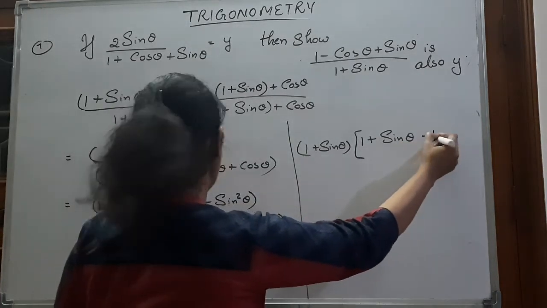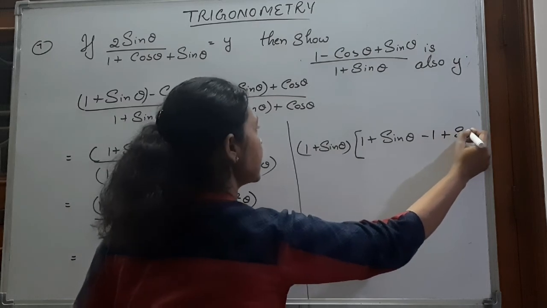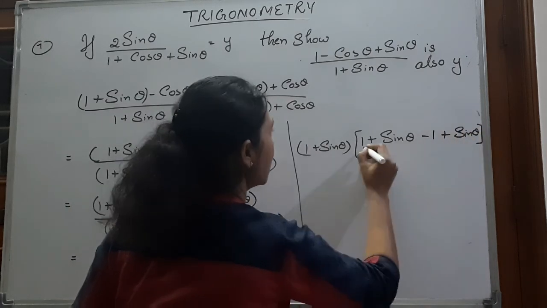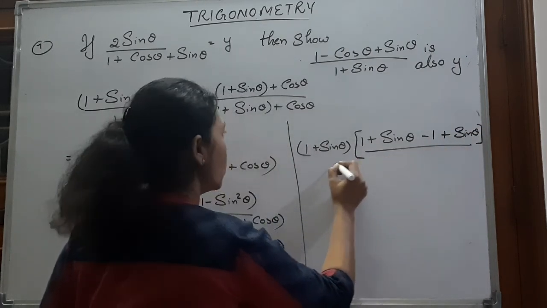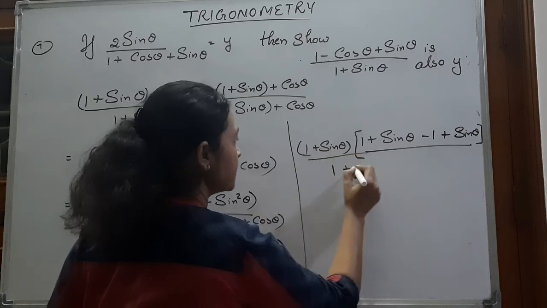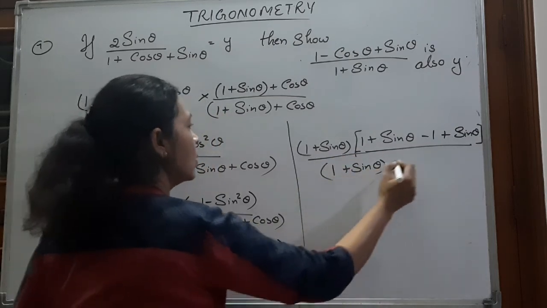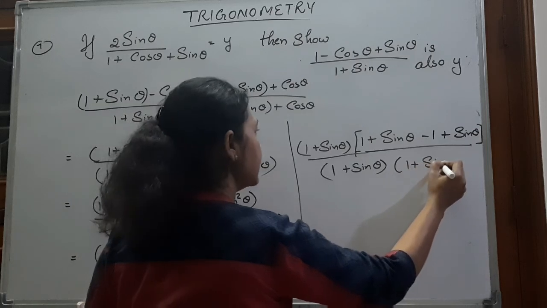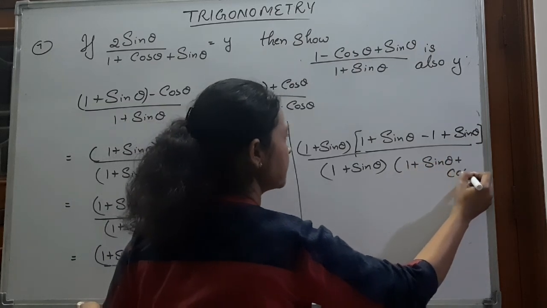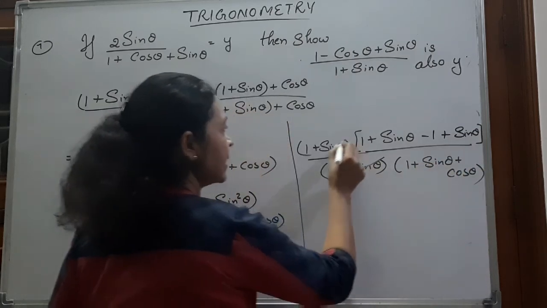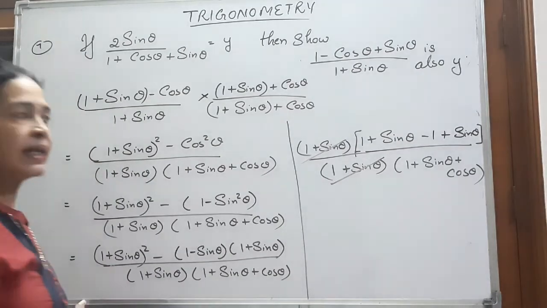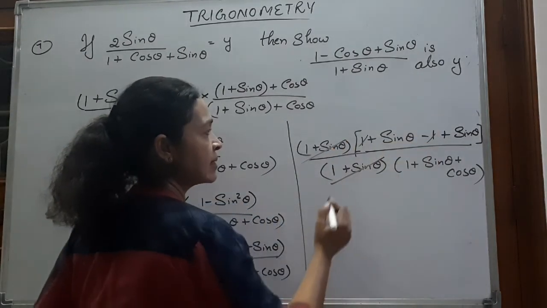So what we will write? Minus 1 plus sin theta upon 1 plus sin theta and 1 plus sin theta plus cos theta. 1 plus sin theta, 1 plus sin theta both get cancelled. 1 and 1 also get cancelled.